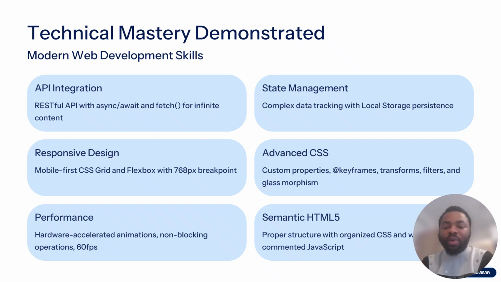And there is advanced CSS, the custom properties that include keyframes, transforms, filters, and glassmorphism. So this advanced means that we have embedded both the mobile side and also the websites into this professional grade.